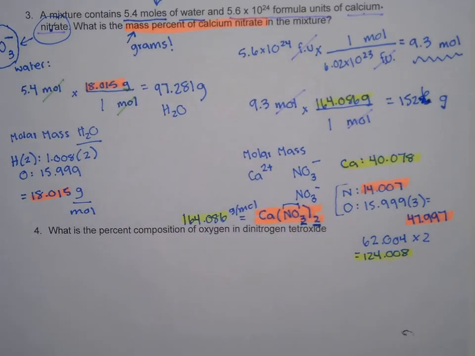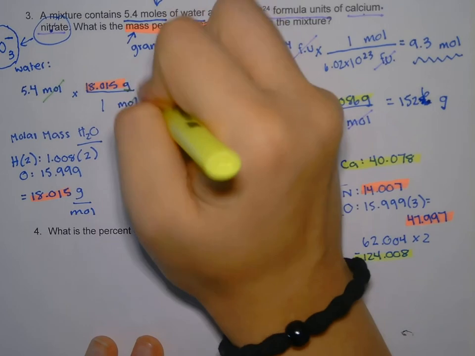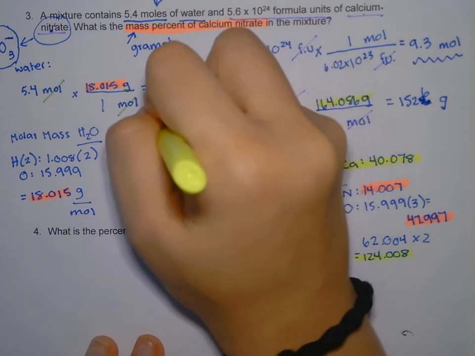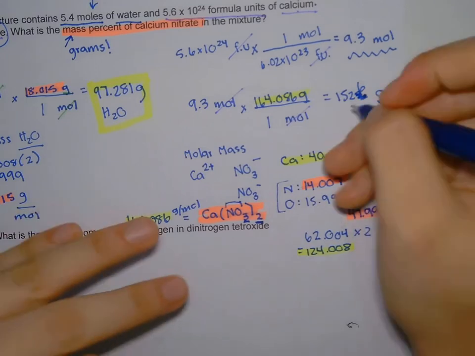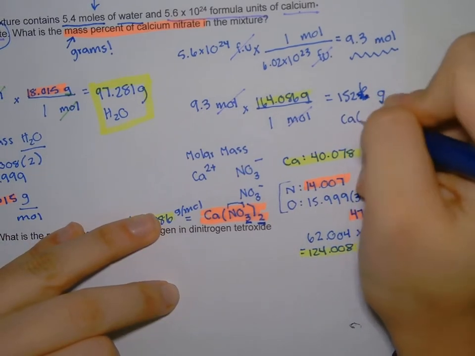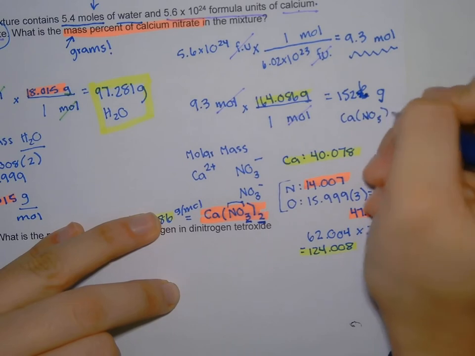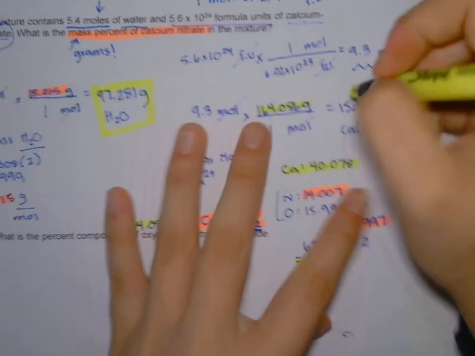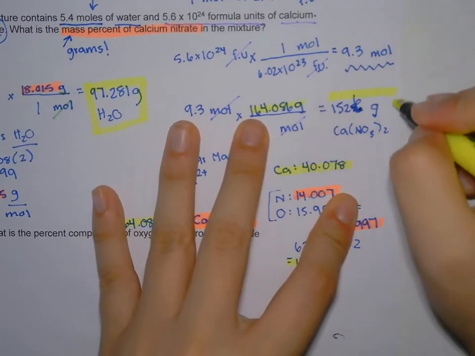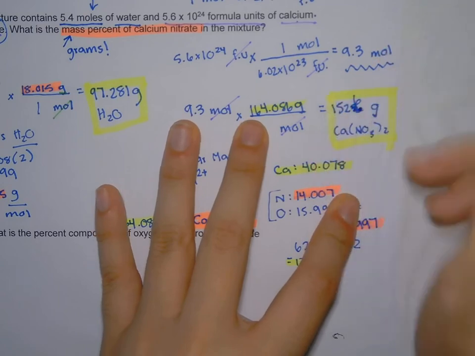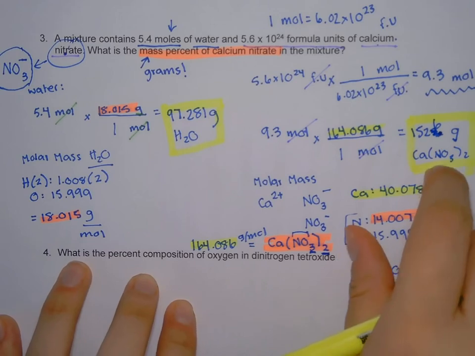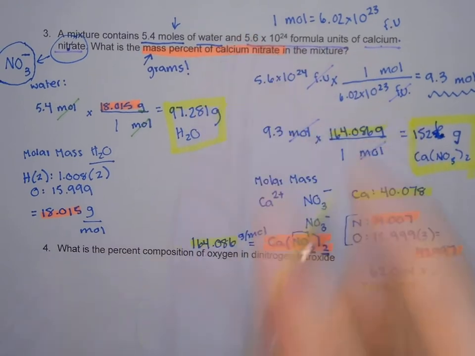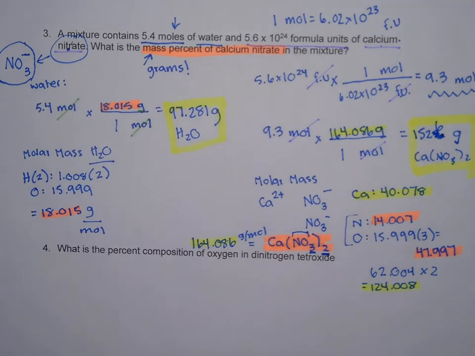So now we have found that I have 97.281 grams of water, and I have 1526 grams of calcium nitrate. So now that I have my masses for both compounds that I have in this mixture, I can finally find my mass percent.